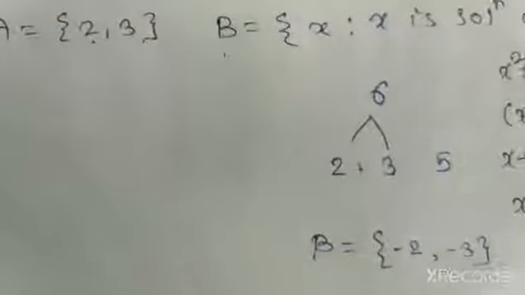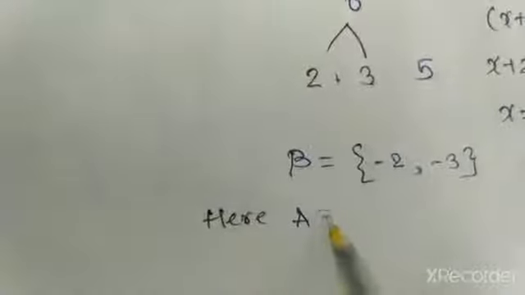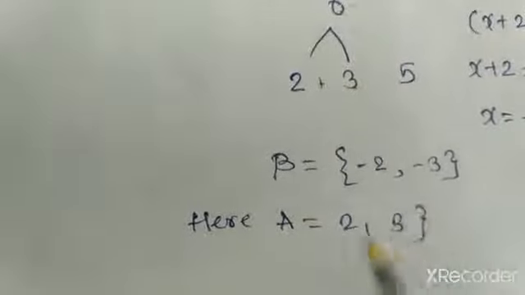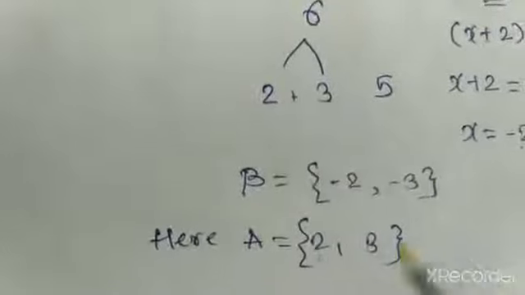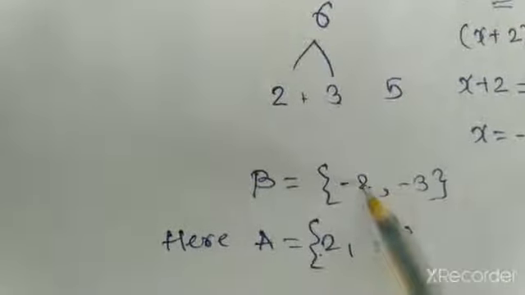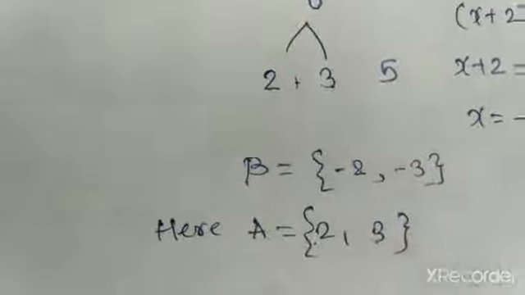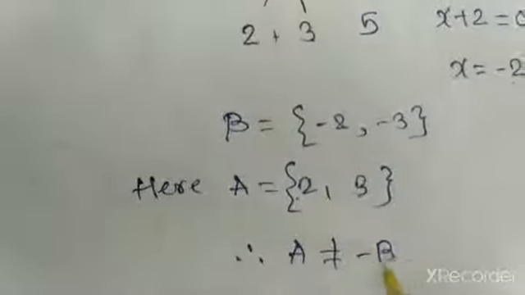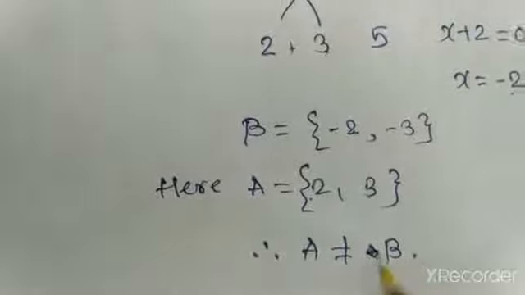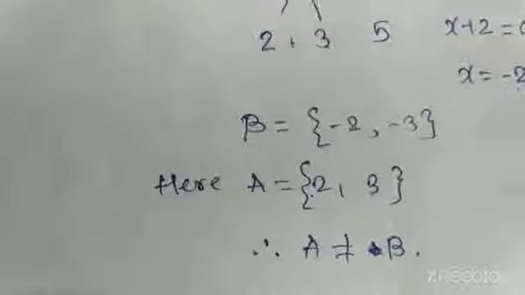Here A = {2, 3}, and B contains -2 and -3. 2 and -2 are not equal, 3 and -3 are not equal. So set A is not equal to set B.